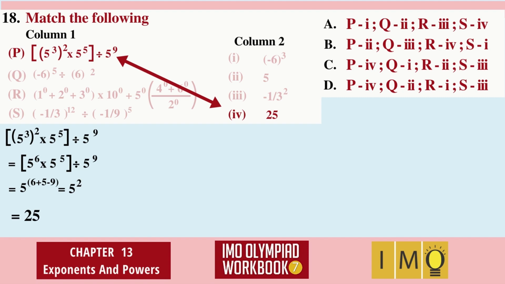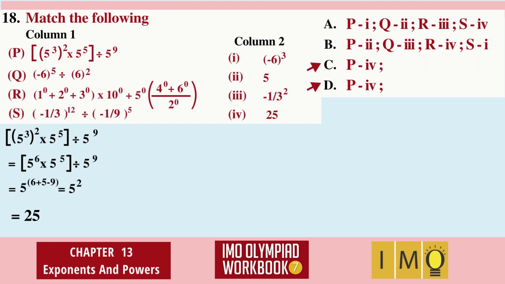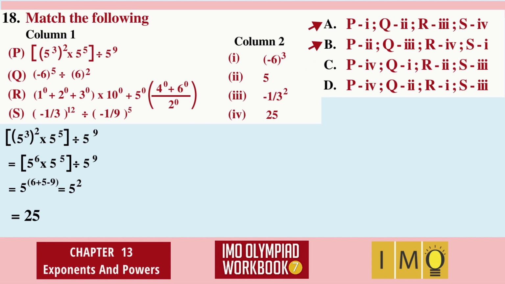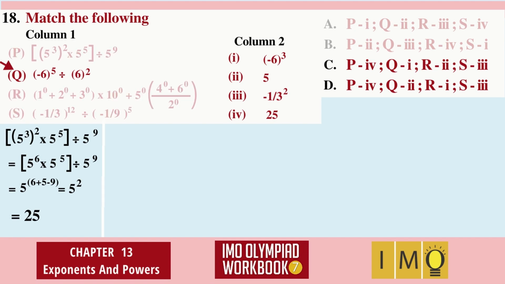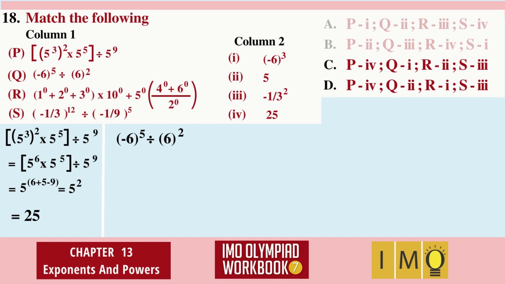If you look at the options that are given, we can find that P matches with 4 only in options C and D. So options A and B can be ruled out. Now let's go ahead and solve statement Q. Minus 6 whole to the power of 5 divided by 6 square.